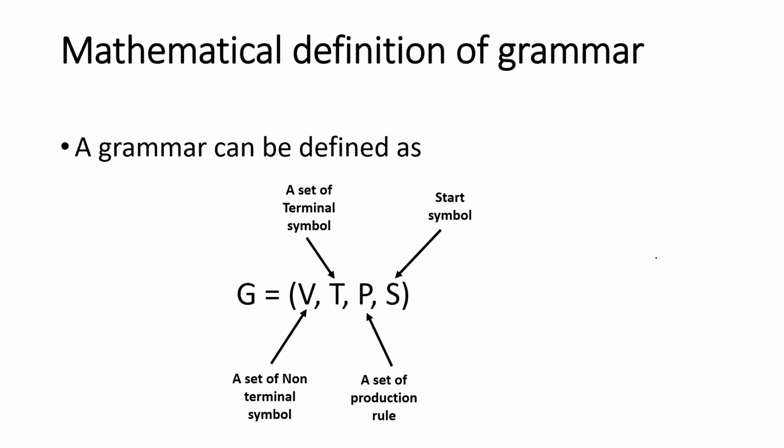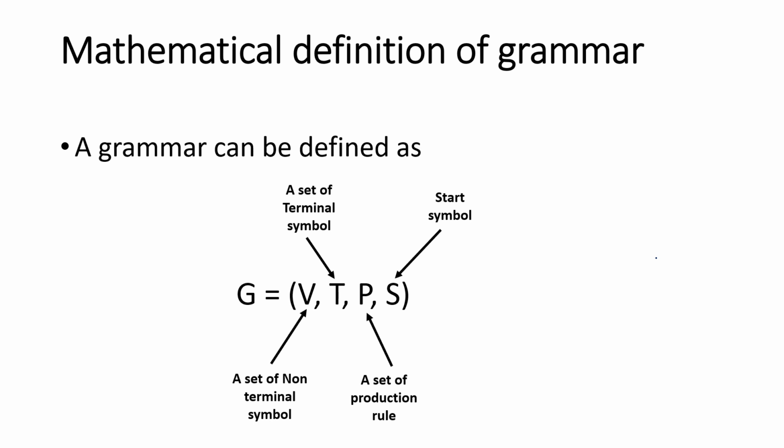It is not possible to have a language without any grammar. Nobody can say that there is a language L which doesn't have any grammar. It has to have one, because that is the basic backbone of generating that language.